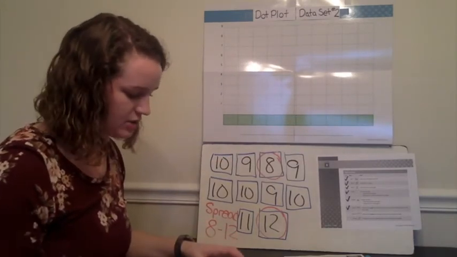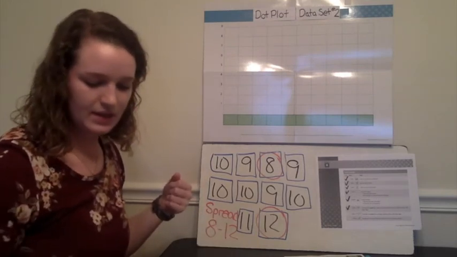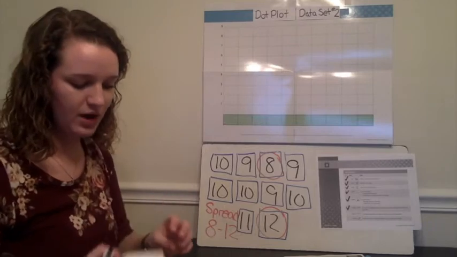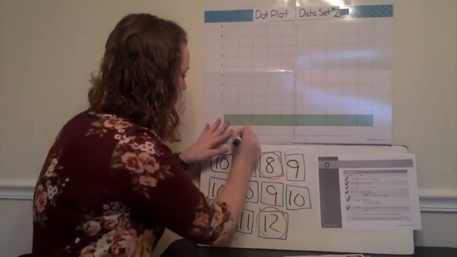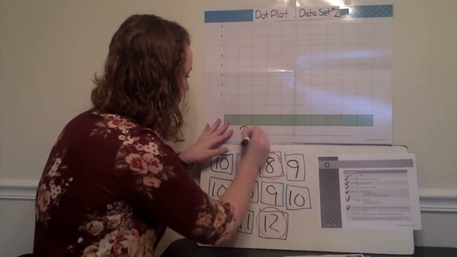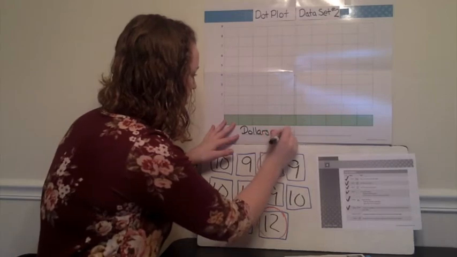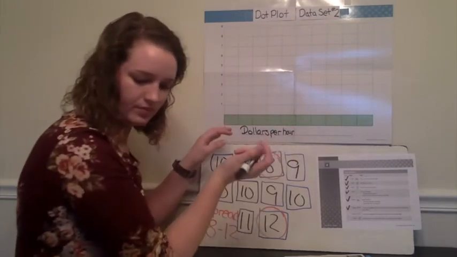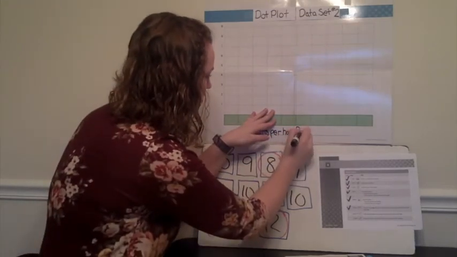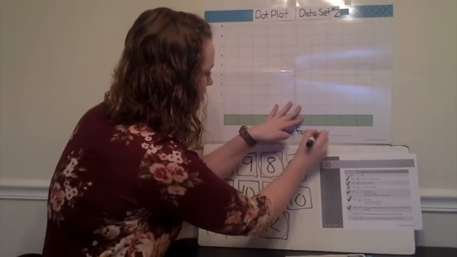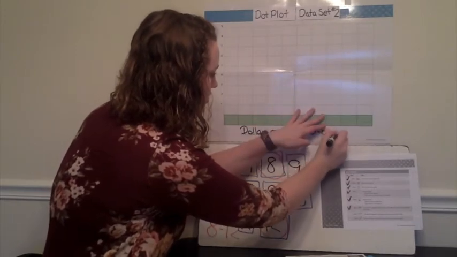And Gary and Ashlyn, you should have a Ziploc bag that says page 17, and it's going to have the dollars per hour in it. Okay. So we're going to write dollars per hour for our office workers.